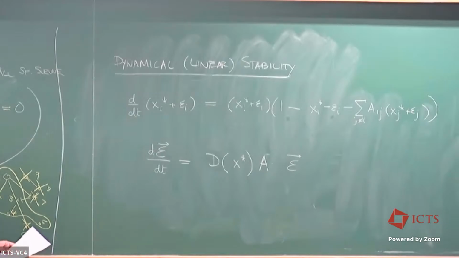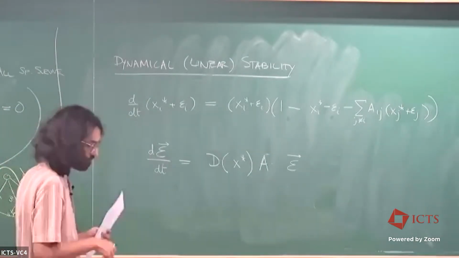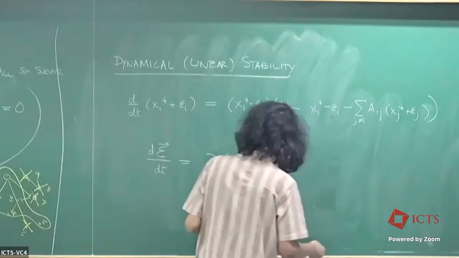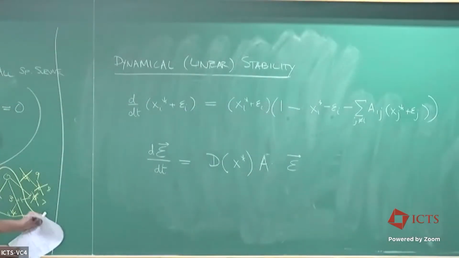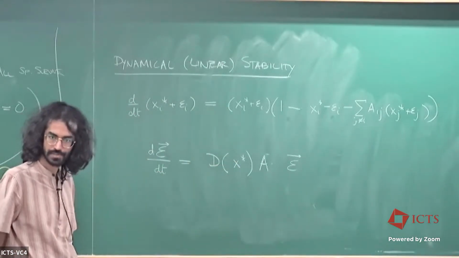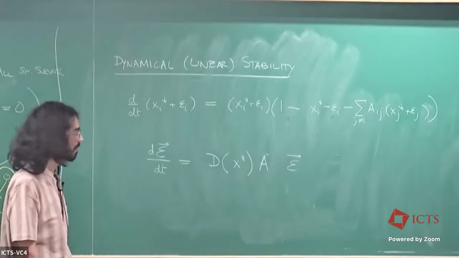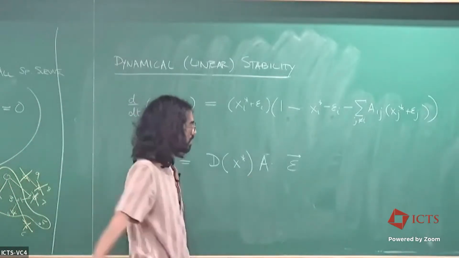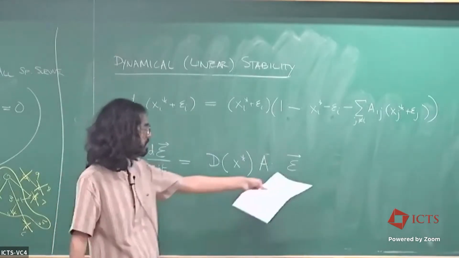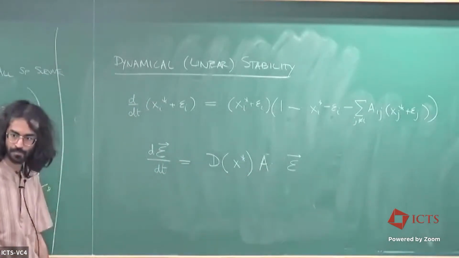Can you check if I wrote it correctly? So this D is a diagonal matrix with all of the xi stars put in. A is, of course, the full A matrix. And that's our epsilon vector, our perturbation vector.